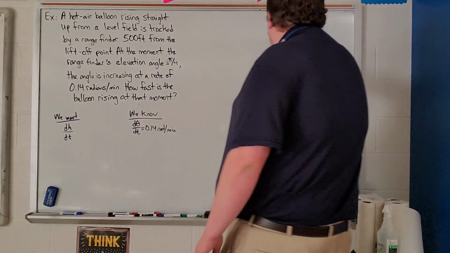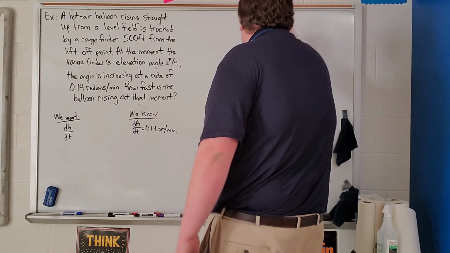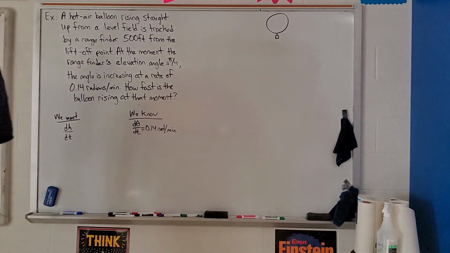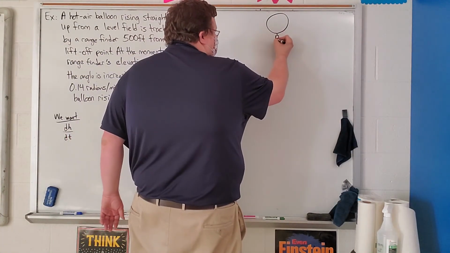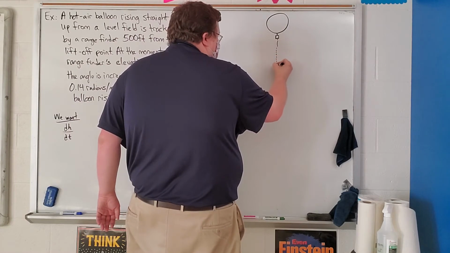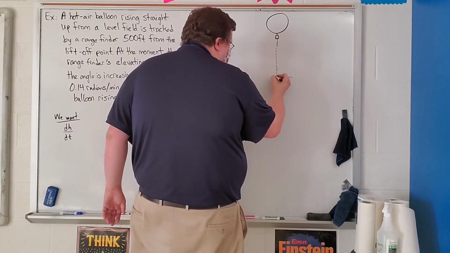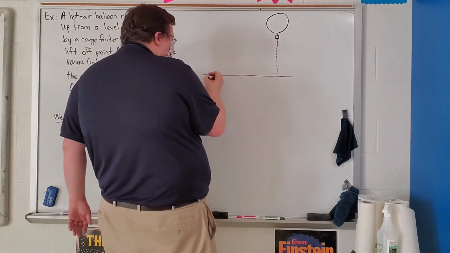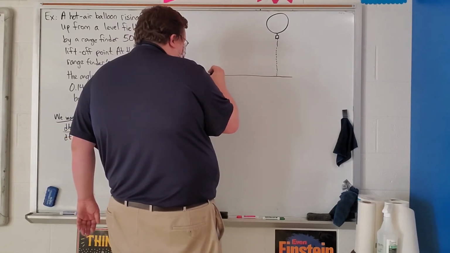So we've got to draw our balloon. Doing it exactly how you would. We had the liftoff point. It lifted off from a level field. We've got this rangefinder somewhere over here that's measuring how far away it is.